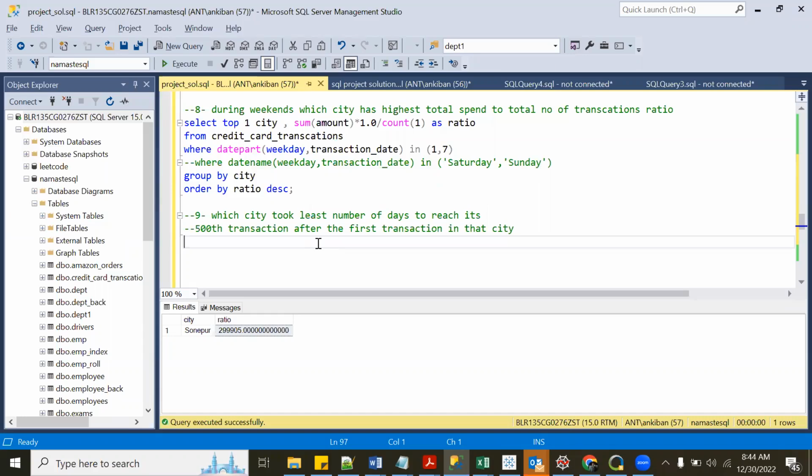In another CTE, I took all the columns where row number equals 500 or row number equals 1. Then I took city, date, and rank where rank equals 1, and in another CTE city, date, and rank where rank equals 500.